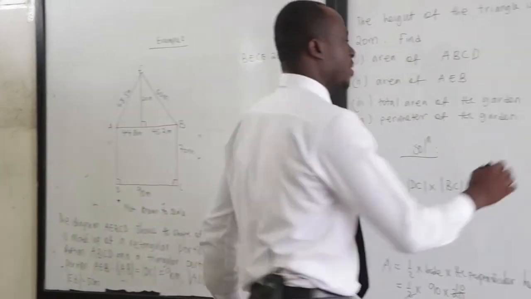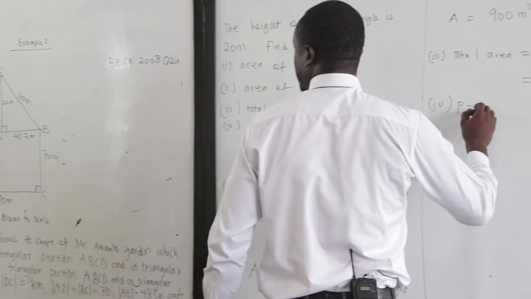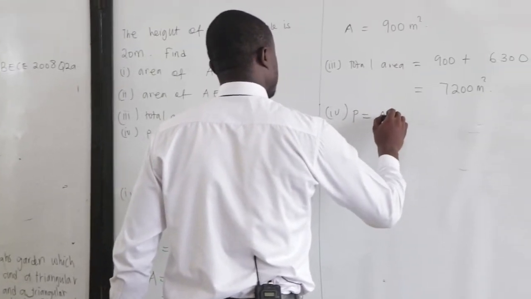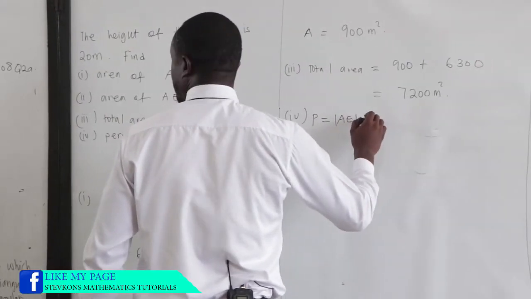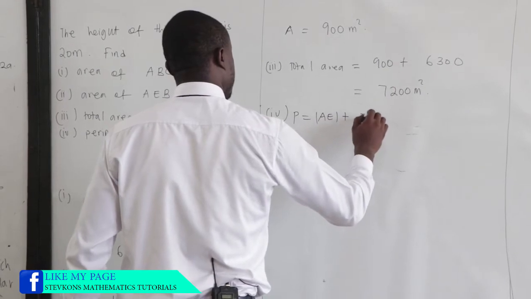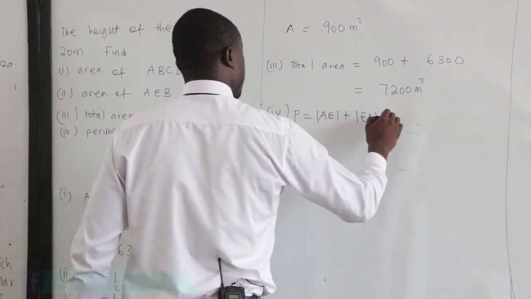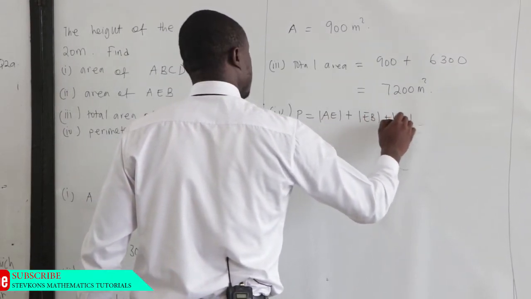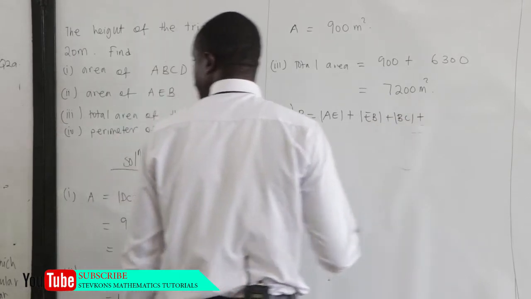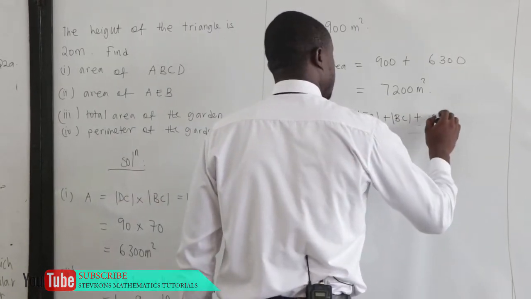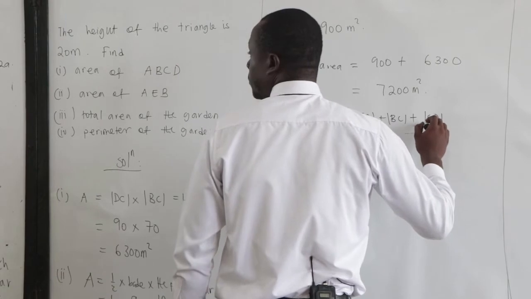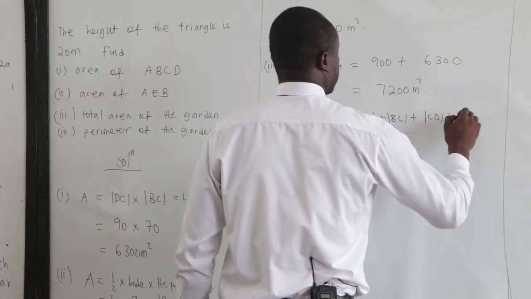So, clearly, our perimeter is AE plus EB plus BC plus CD plus AD.